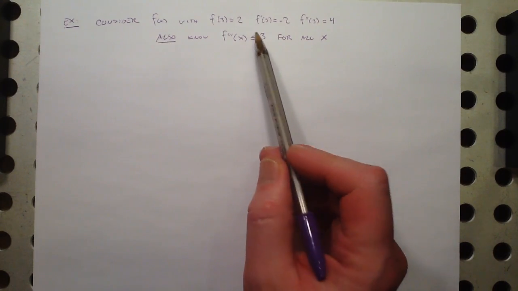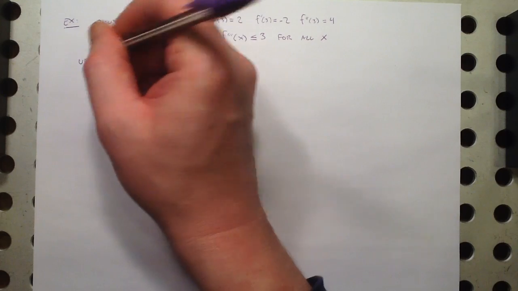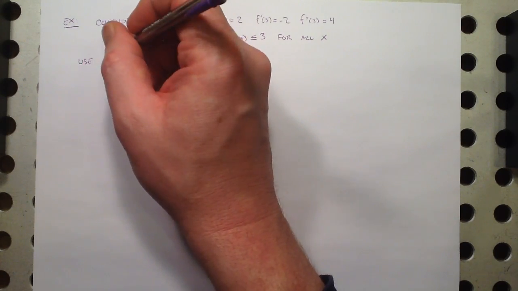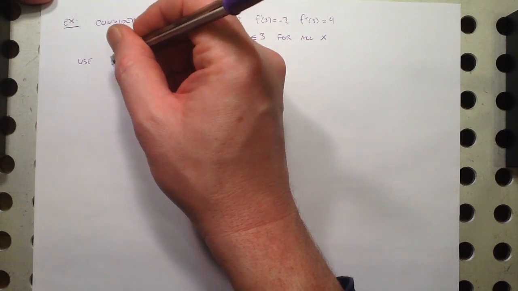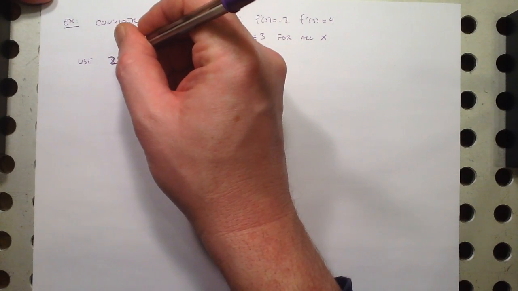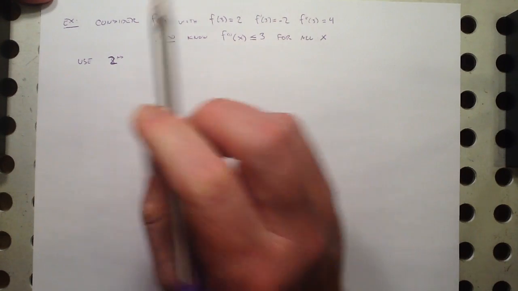So we don't have to worry about our interval. It's just true for all x. That means we can use this as our maximum value. So we're going to try to use the second degree Taylor polynomial, because I have function, first derivative, second derivative.